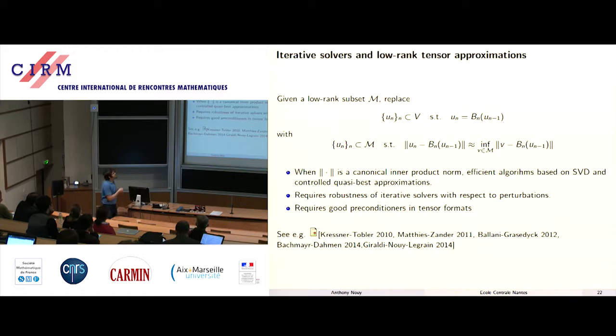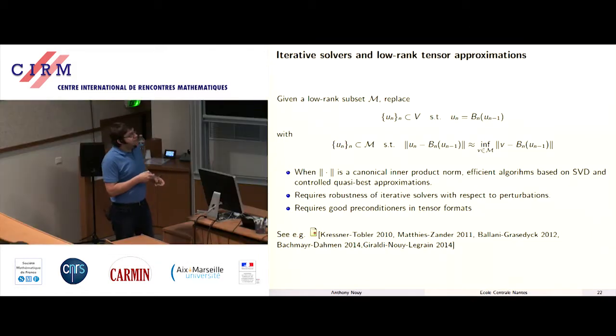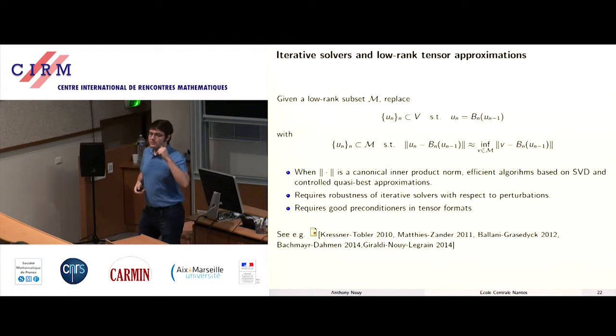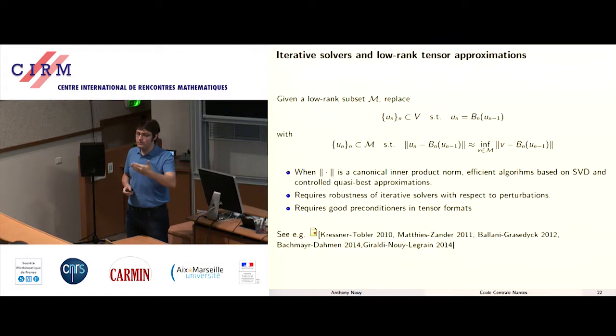And then, because you live in this very high-dimensional tensor space, you will systematically introduce low-rank approximations of the different iterates of your algorithm. If you have the nice topological structure I have introduced before, I mean, if you work in a Hilbert setting with the induced norms, then the truncation, the approximation in the low-rank manifold at each iteration, can be performed using very efficient SVD-type algorithms.